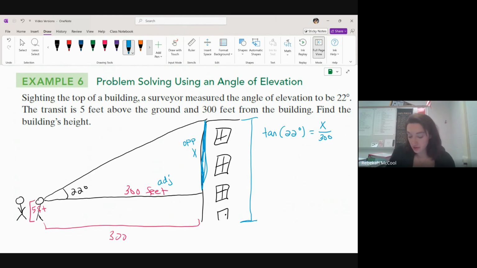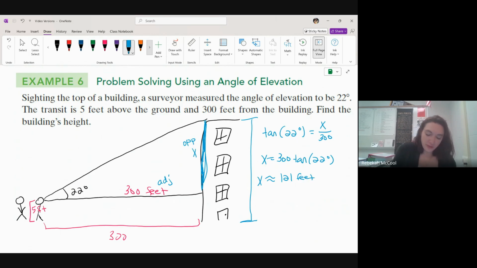To solve for X, I'm going to multiply by that 300. So X is 300 tangent of 22 degrees. And from my calculator, making sure I'm in degrees mode, I calculated that height to be 121 feet.